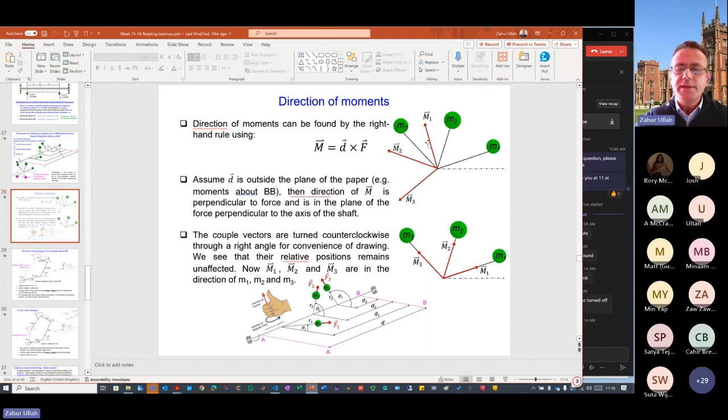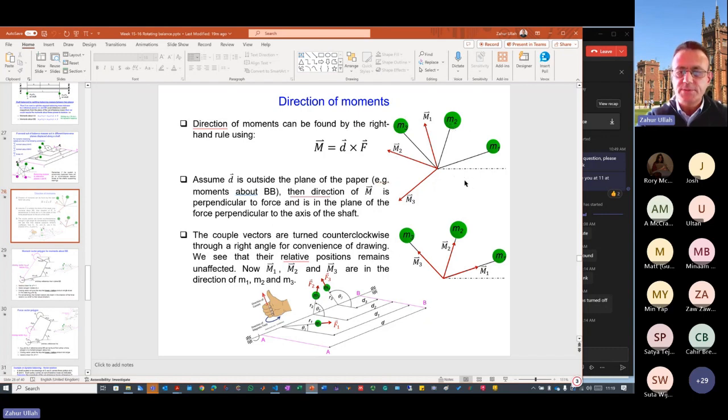So what we do here is rotate these three vectors, M1, M2, and M3, in the clockwise direction here. Then it will just be aligned with M1, M2, and M3. As you can see, in this specific case, the actual moments are at right angle to the forces.